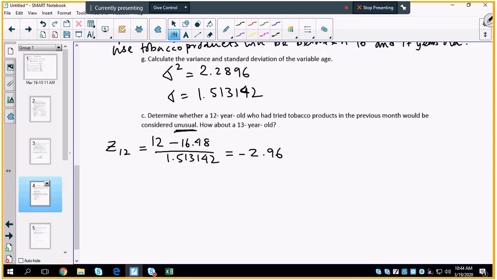Now let me remind you what we have talked about: moderately unusual, usual, and outliers. If you are between the z-scores of negative 2 and 2, then you are usual. If you are between negative 2 and negative 3, you are moderately unusual.